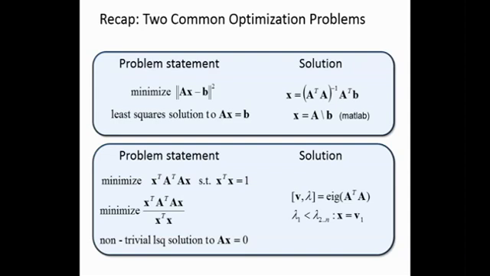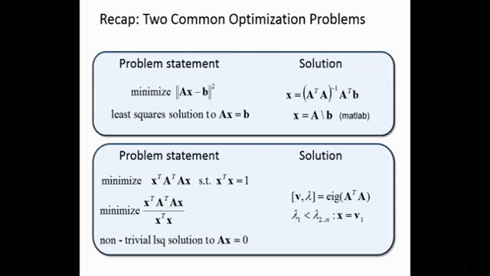The second kind of problem that you run into is where you've got a homogeneous system of linear equations. A homogeneous system is just one where you've got ax equals 0. So you've got a 0 on the right-hand side, so there's a trivial solution. You need to avoid the trivial solution, typically by saying that your solution must have a norm of 1. So your problem statement is to minimize x transpose A transpose A x such that x transpose x equals 1.